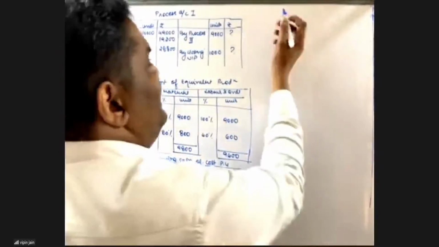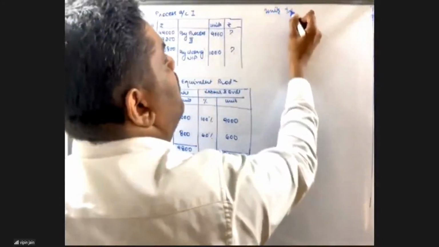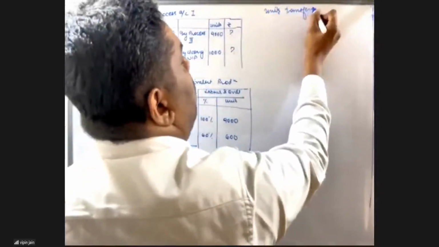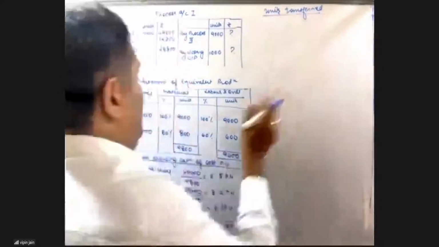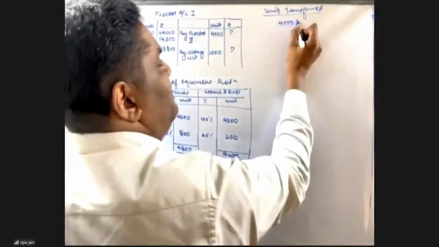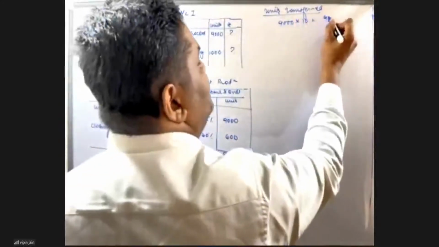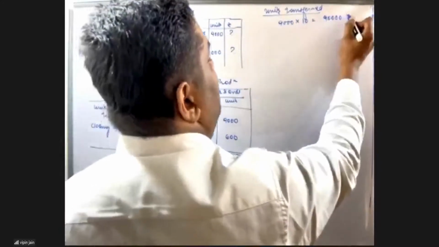So now we can easily calculate the value of units transferred. How much are the units transferred? 9,000 units are transferred and they are 100% complete. So 9,000 into 10, 90,000 is the cost of units transferred.